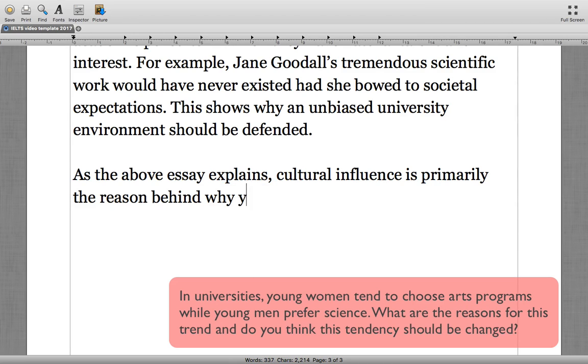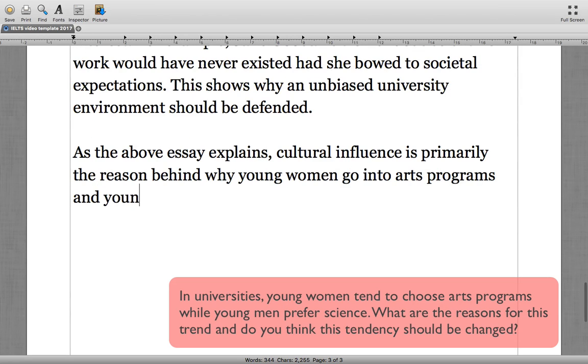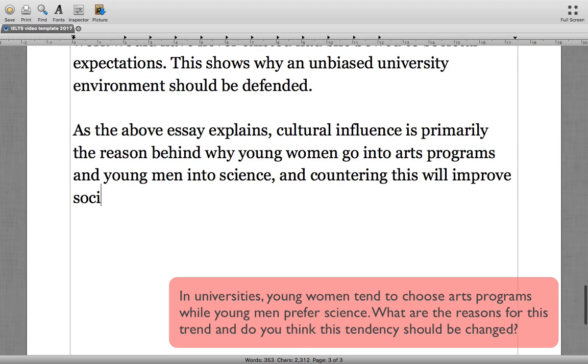I'm just going to make it very specific to the question, so why young women go into... what did the question say? It was arts programs, right? Arts programs, and young men into science. Okay? And then let's just tack on, and countering this will improve societies everywhere.